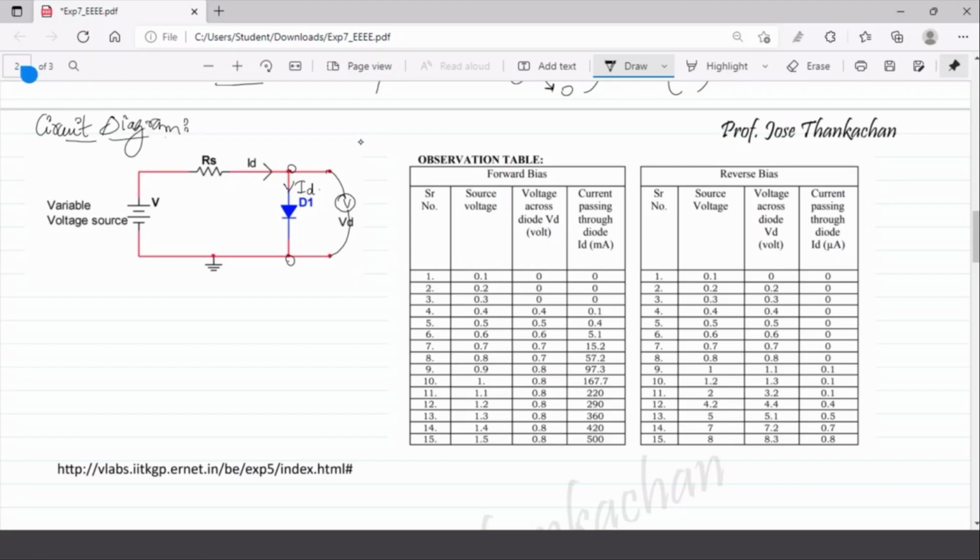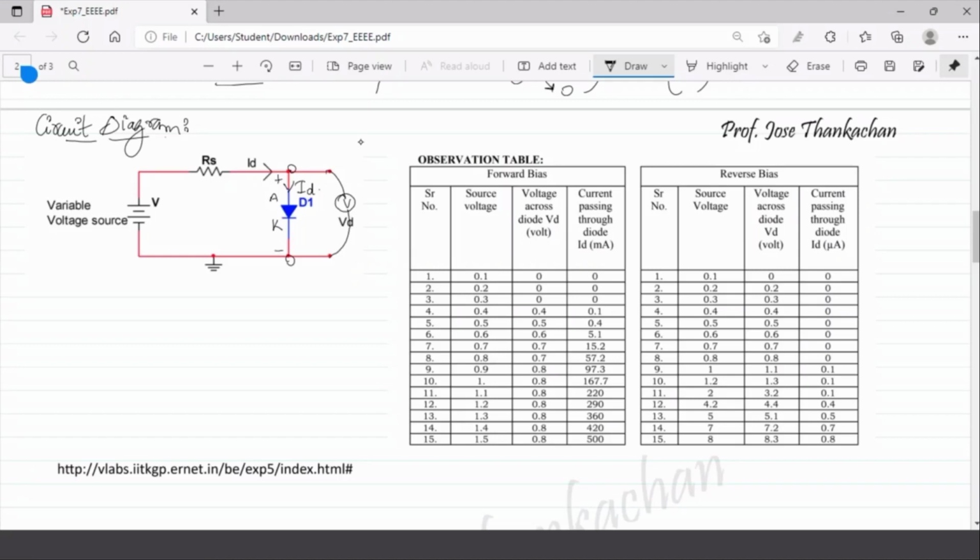In this circuit diagram, along with this diode, this is the anode and this is the cathode. We know that the diode will conduct whenever it is in forward bias. So first we connect it in the forward bias condition. That means the anode should be connected to the positive potential and the cathode to the negative potential.